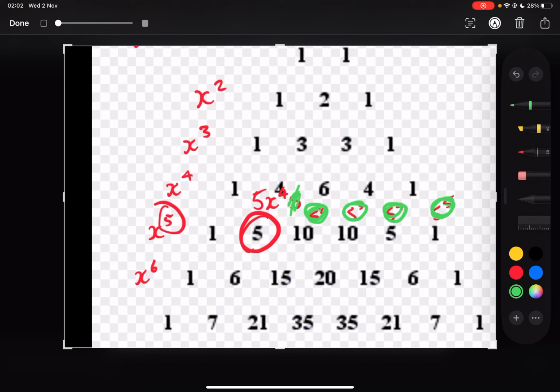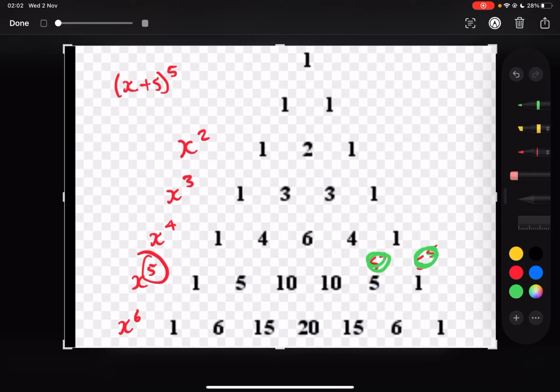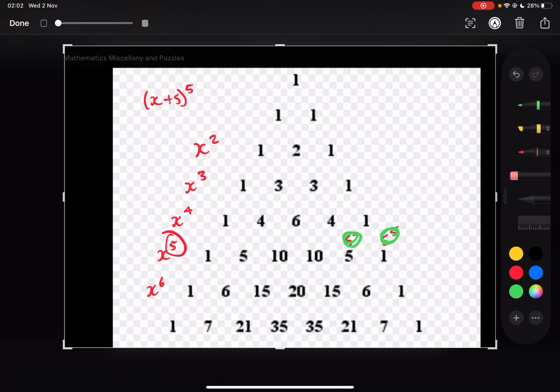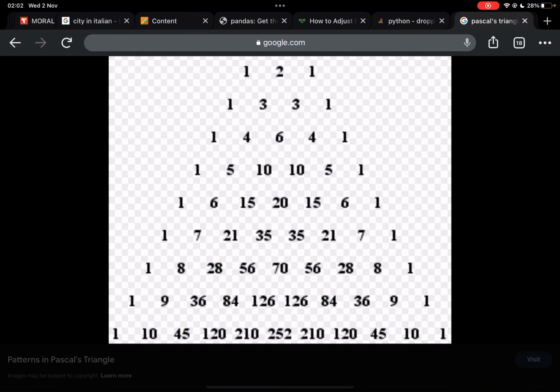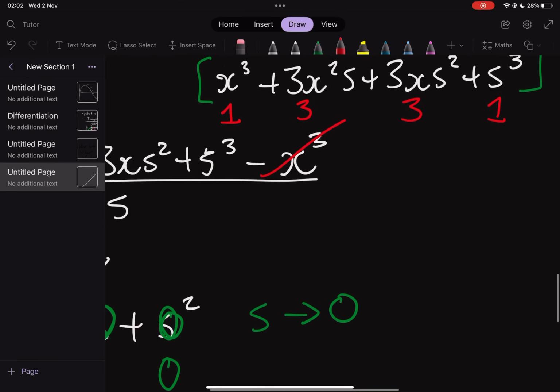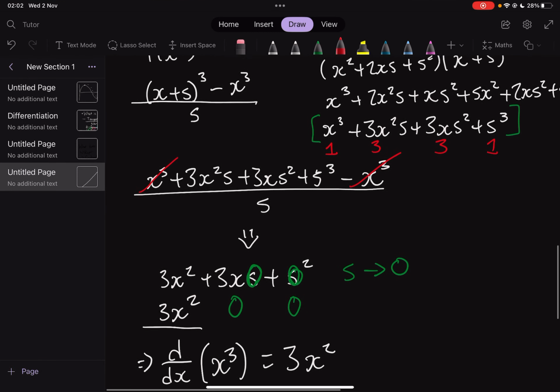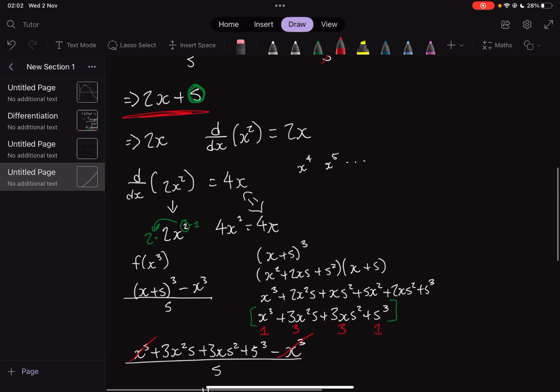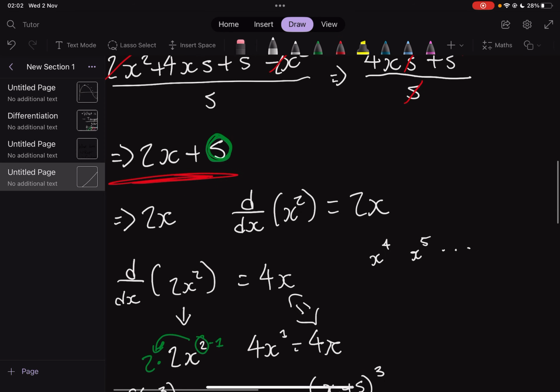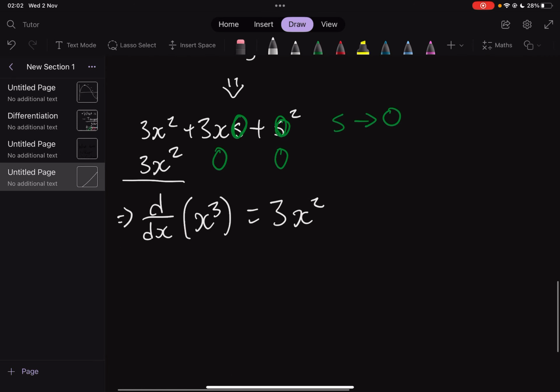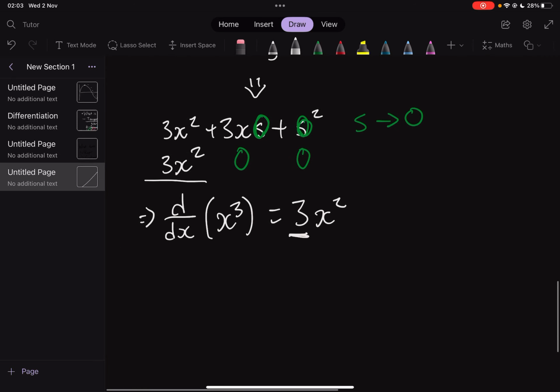So what matters is that this is 5, and then this goes 1, 2, 3, 4, 5, etc., which is basically what we're seeing here, where x squared becomes 2x, and then x cubed becomes 3x squared.